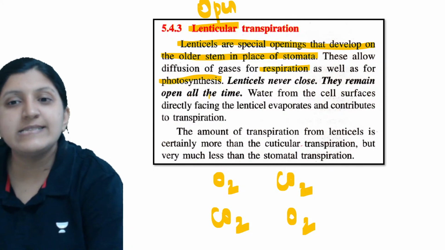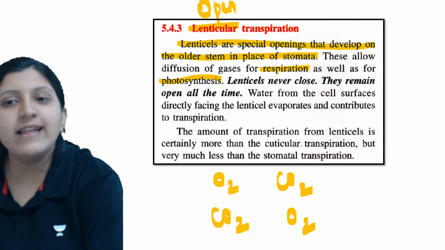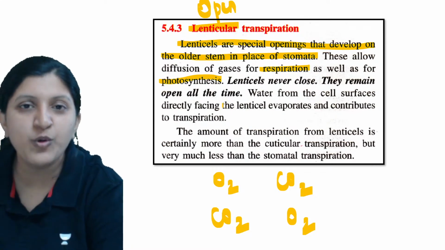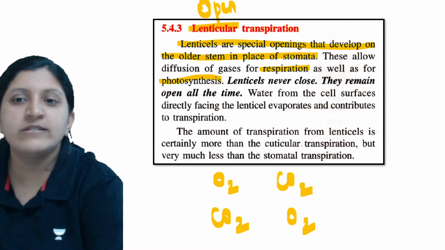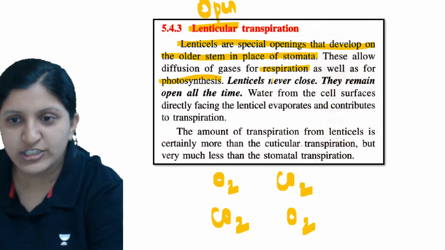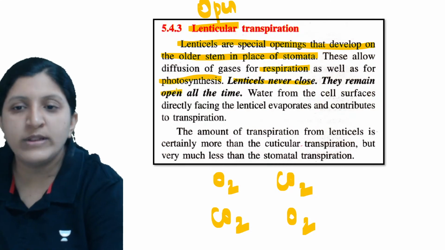But here the lenticels are always open because this is a mature stem and there are no live cells as such present. So these are always open, for the gaseous exchange. Lenticels never close, they remain open all the time.